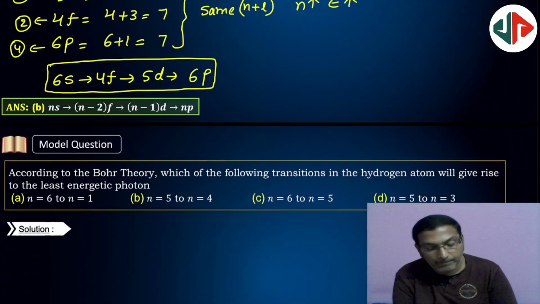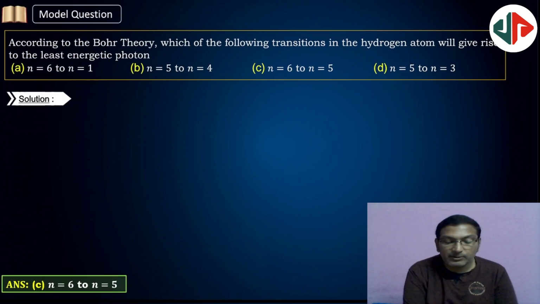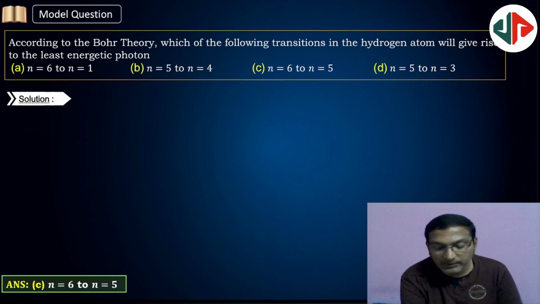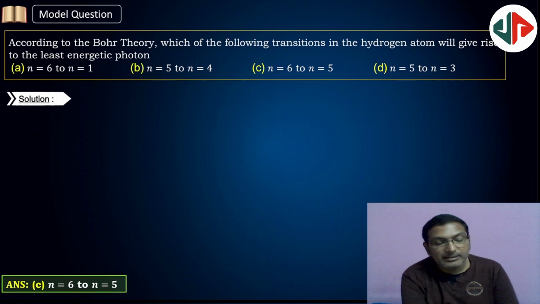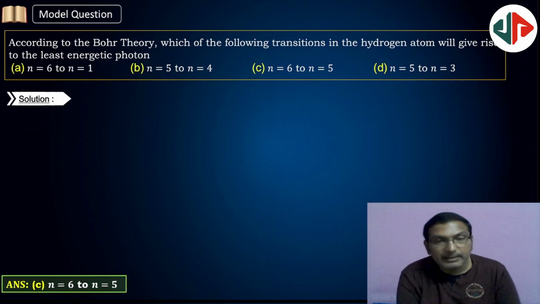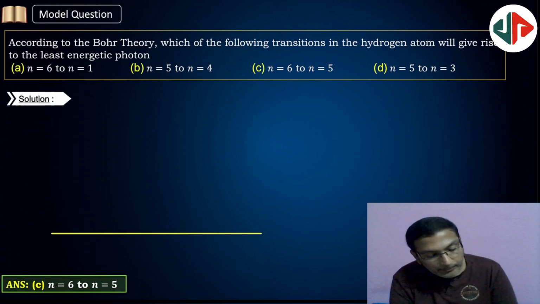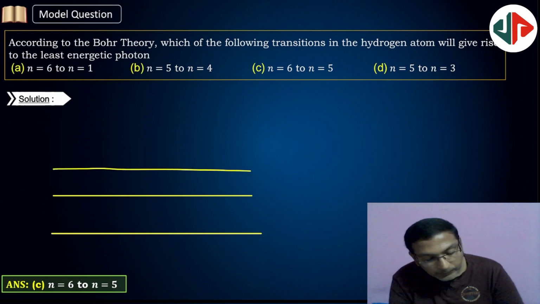Next question. According to Bohr's theory, which of the following transitions in a hydrogen atom will give rise to the least energetic photon? Least energy means the difference, delta E. Calculate the difference of delta E. We will draw a diagram. As the n value increases, the difference between energy levels decreases.